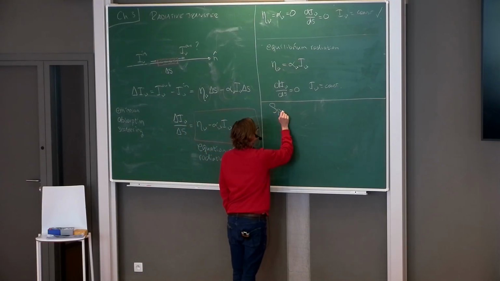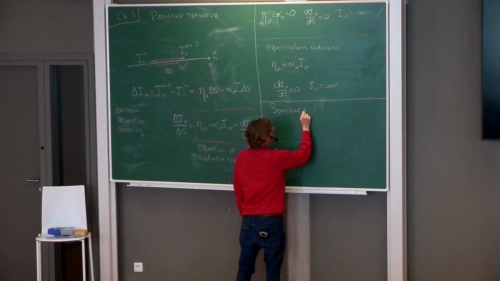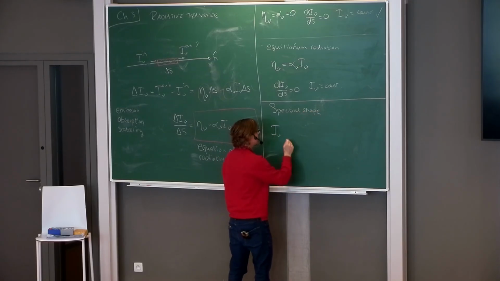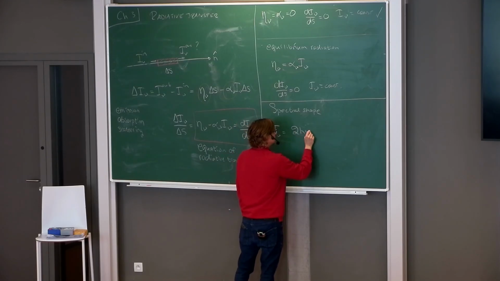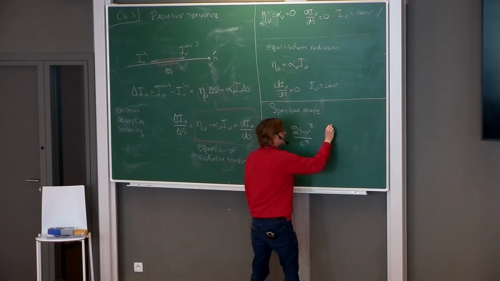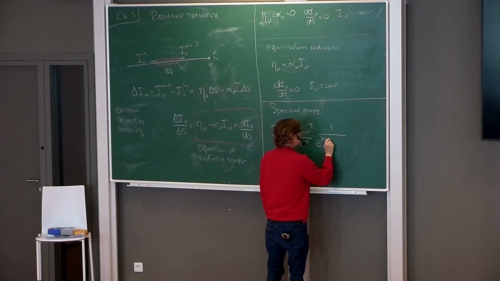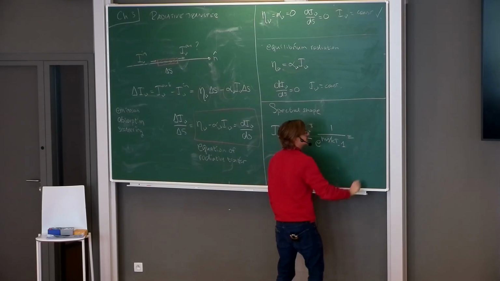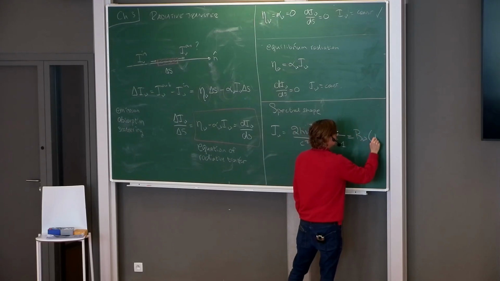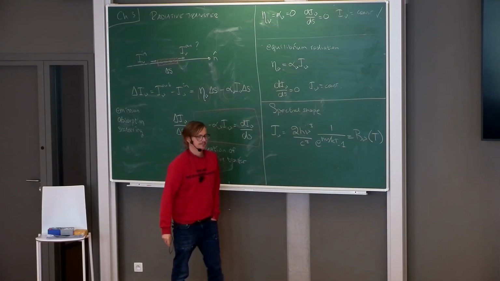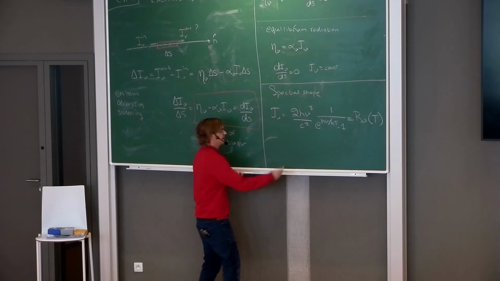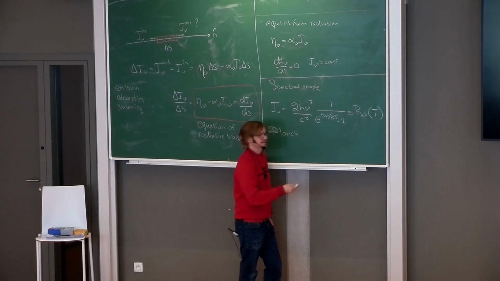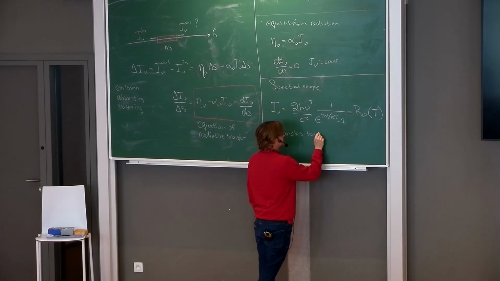The spectral shape that the specific intensity in that case has is given by 2h nu cubed over c squared, times 1 over e to the h nu divided by kT minus 1, which we then define as B nu, which is only a function of T. This is the Planck function, or Planck's law of radiation.